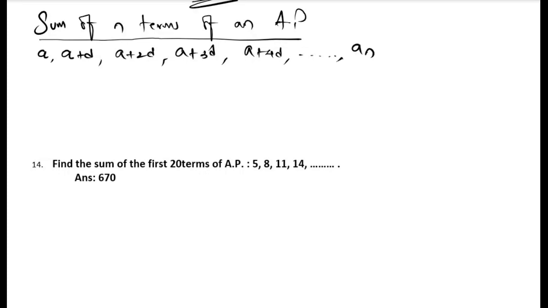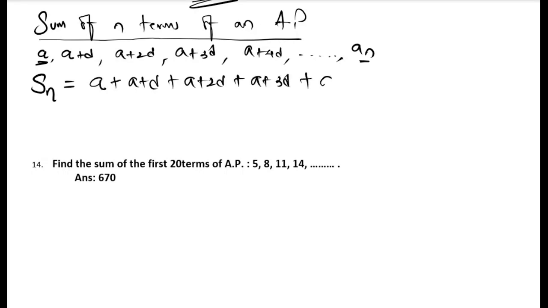This is the first term and this is the last term. So suppose you have to find the sum of n terms. You are adding all the terms, a plus (a plus d) plus (a plus 2d) plus (a plus 3d) and so on up to the nth term. So if you add all those terms, you get the sum of n terms, right?